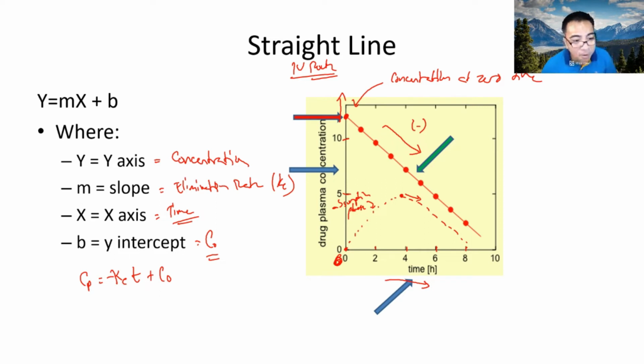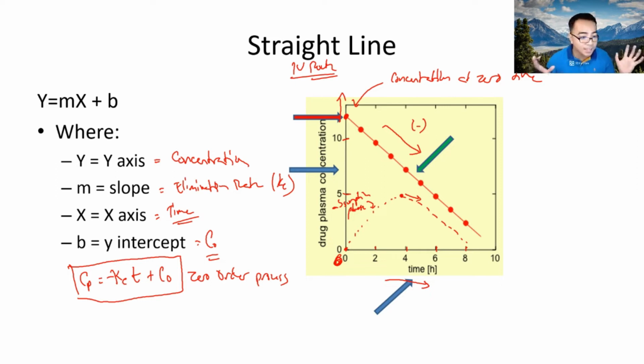Now, just so you know, class, this is the equation for a zero-order process. Kasi, class, a zero-order process is plotted in a cross-sectional graphing paper and it appears as a straight line.